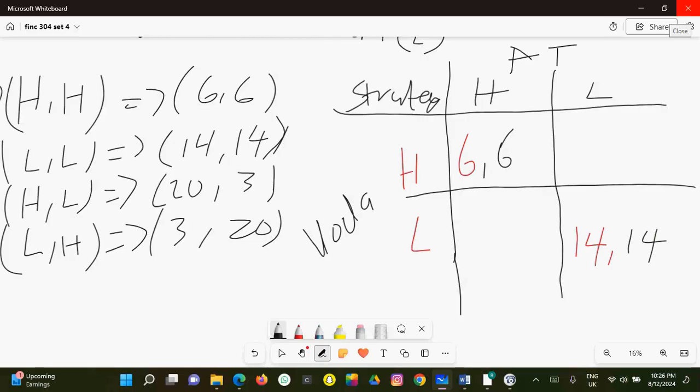But when one chooses high and the other chooses low, it's 20 and 3 million respectively. So high for Airtel Tigo here, low for Vodafone here. So we are going to get 3 for Vodafone, and then 20 for Tigo. And then here, 20 for Vodafone. Oh, sorry.